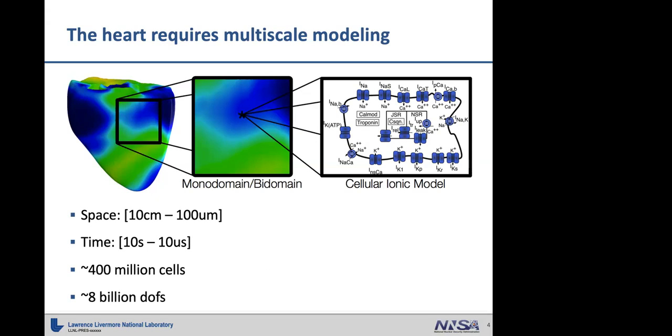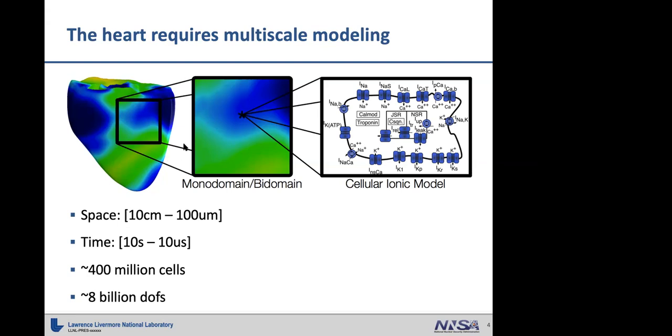For time scales, we want to simulate say 10 heartbeats, but our time steps have to go all the way down to say 10 microseconds in order to get accurate simulations. You need as many as 400 million cells to get a fully resolved behavior, and this can lead to 8 billion degrees of freedom.